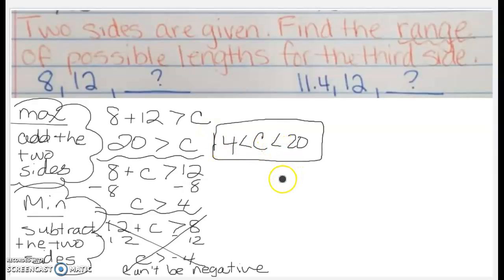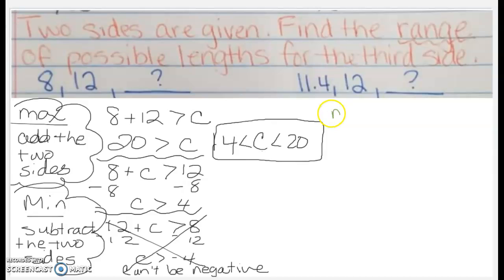C has to be less than 20. That's the maximum when I add them together. And C has to be greater than 4. That's the minimum when I subtract them. Okay, so when I'm doing 4 and 12, what's the range?